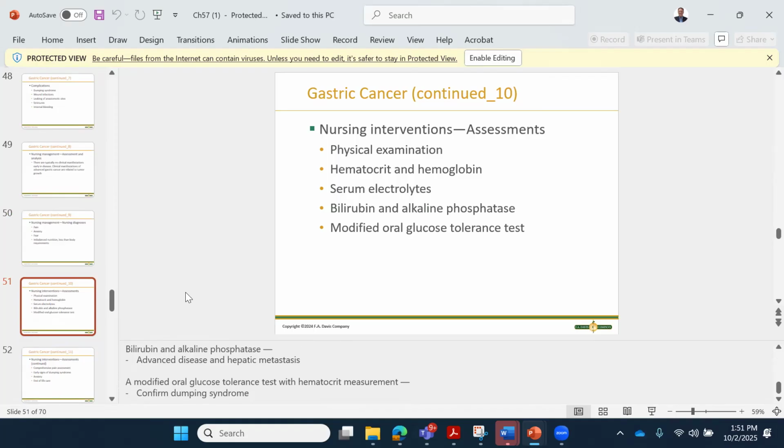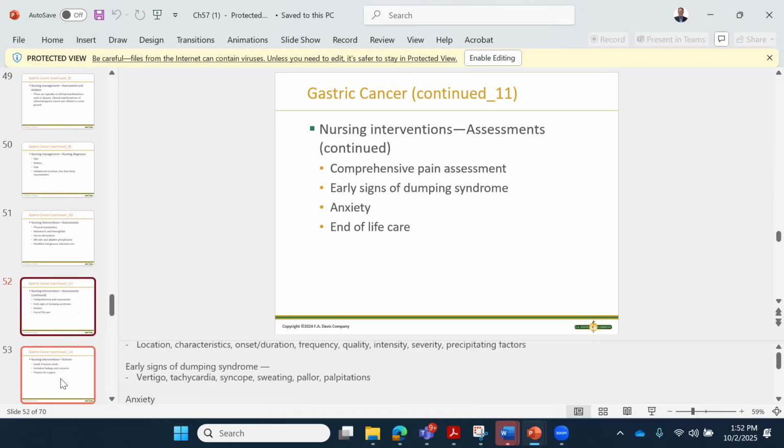And then there are other things that you may see as anomalies in your assessment. They have listed bilirubin and alkaline phosphatase, and that could be related to metastasis to the liver. You could have an abnormal oral glucose tolerance test that could be a confirmation of dumping syndrome.